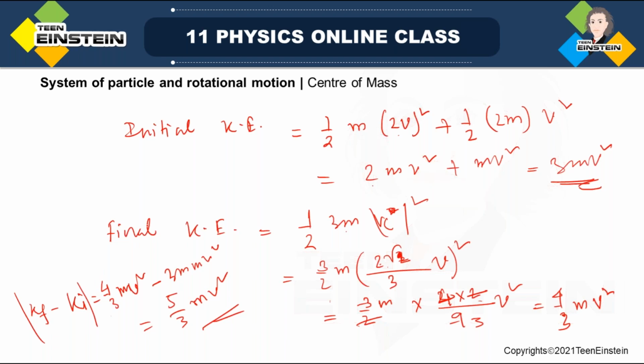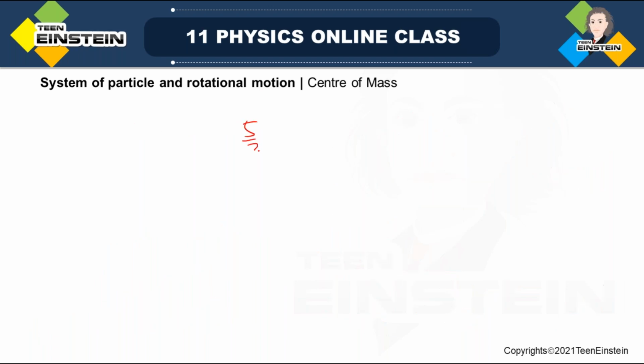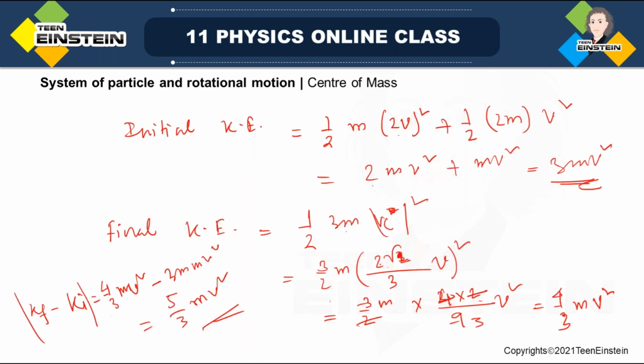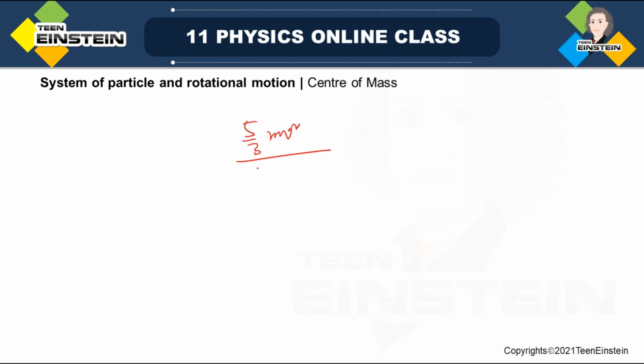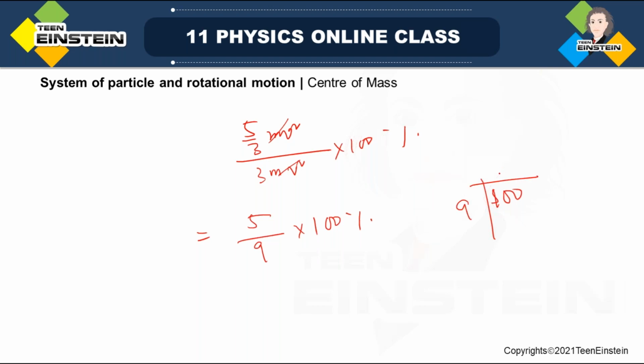Percentage change means loss divided by initial. So loss was 5 by 3 mv square and initial was 3mv square, into 100. The mv square goes off.